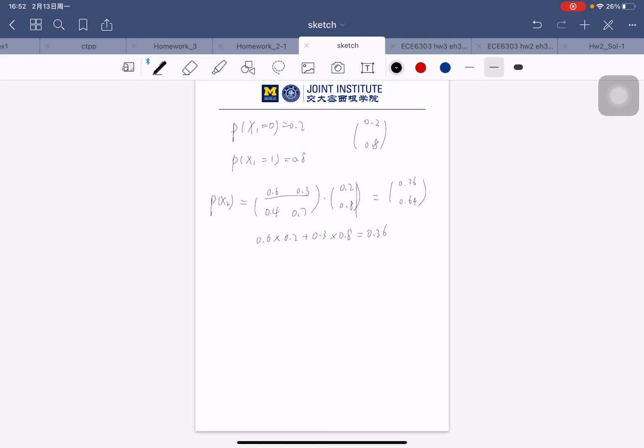So it means the probability of x2 equals 0 is 0.63, and the probability of x2 equals 1 will be 0.64. So this is the first question.